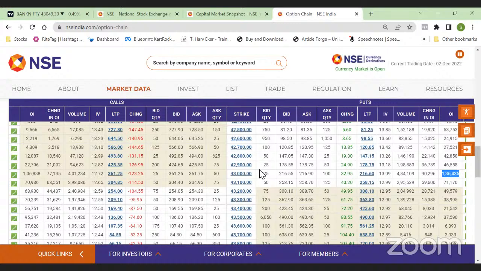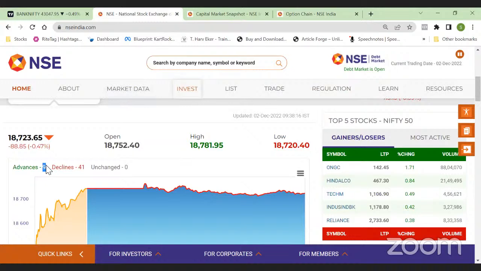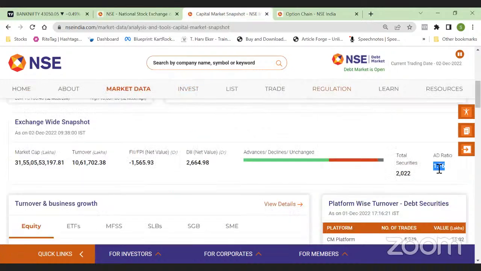If at all we sustain beyond this, then there could be some big movement. What we need to watch today is if this continues, the advance decline ratio has to be below 1. If it is staying above 1, then expect a bounce back.